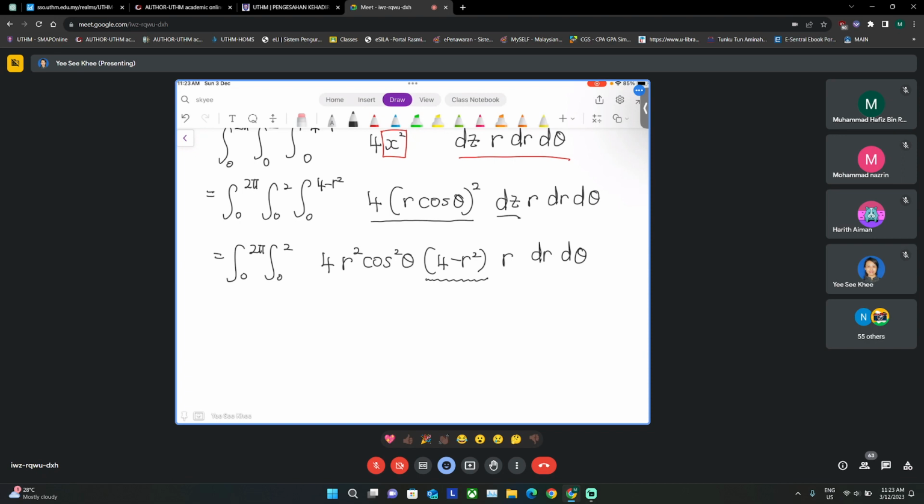Now you have to integrate with respect to r. You can see here there is a cos squared theta, which in this case is a constant, so you can take it out as a constant and just focus on the r terms. This one you can combine, becoming 4r cubed times 4 minus r squared.